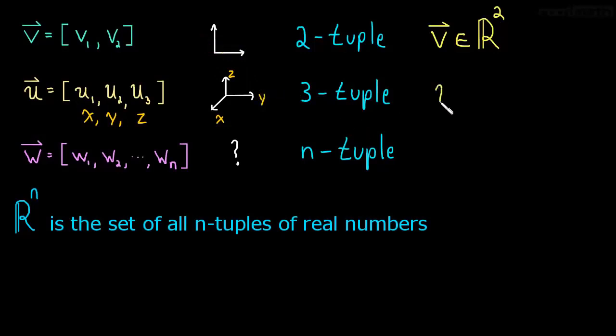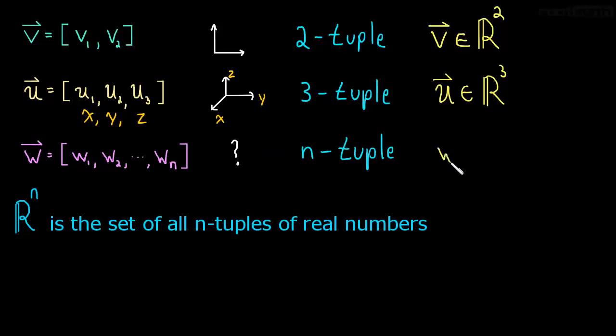Just like U is an element of R3. R3 is all 3 tuples of real numbers, and U just happens to be one of those 3 tuples of real numbers. So U is in R3. And R3 we can think of as the 3 dimensions. And again, we haven't formally defined dimension, but we can think of it like that.